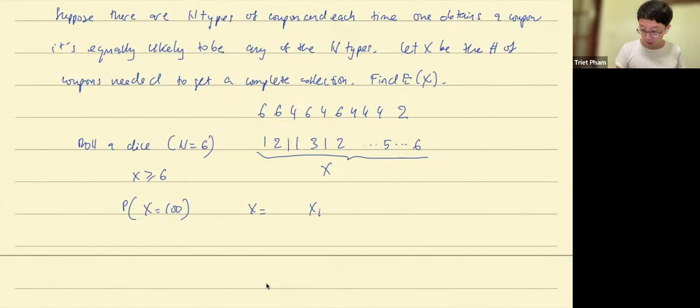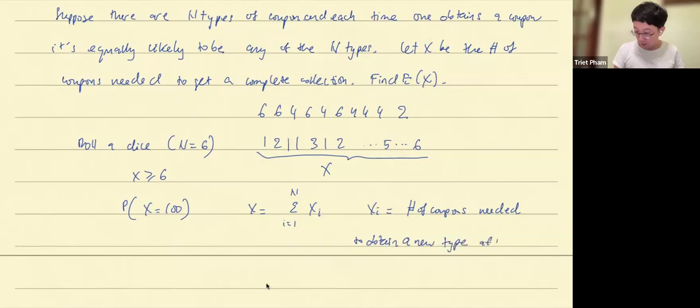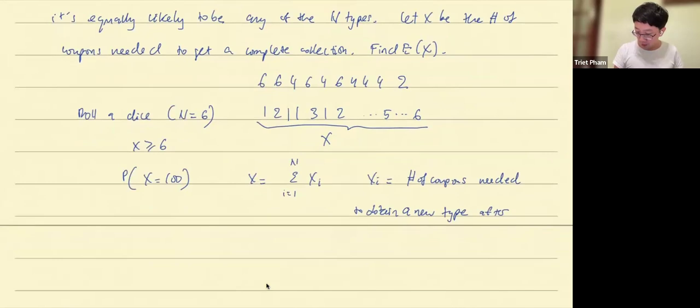So in other words, X is going to be the sum from i equals 1 to n of Xi, where Xi is the number of coupons needed to obtain a new type after having obtained i minus 1 types in the collection.